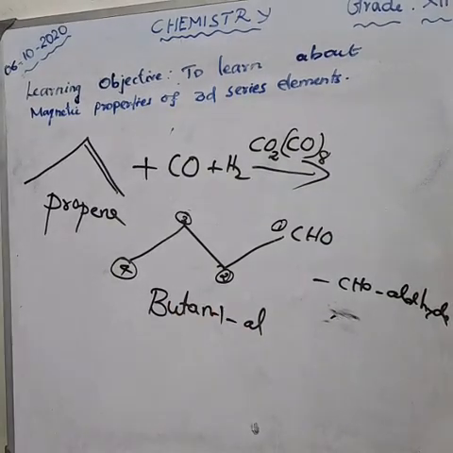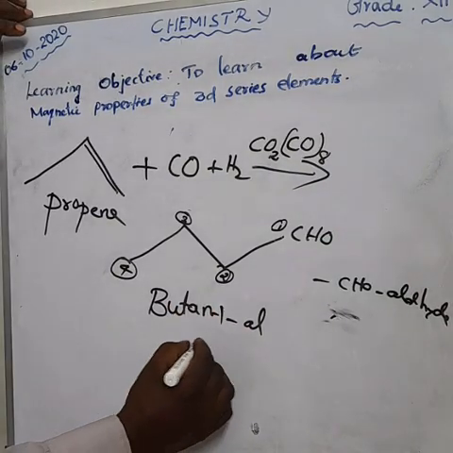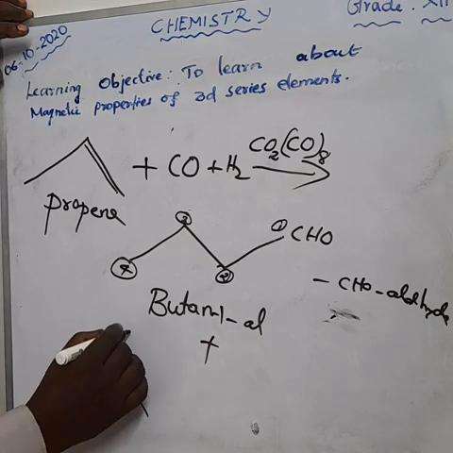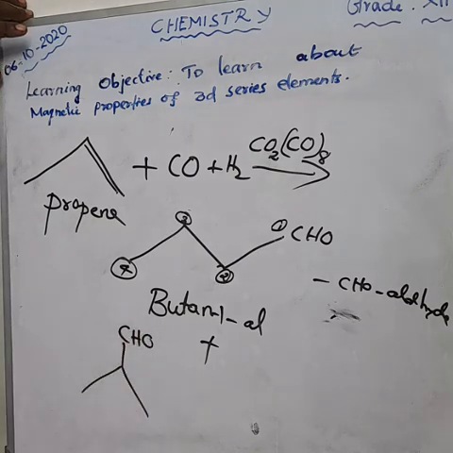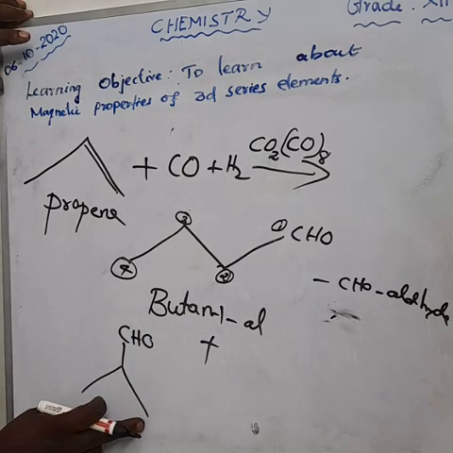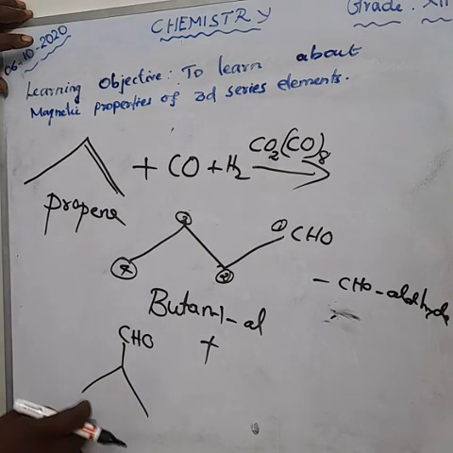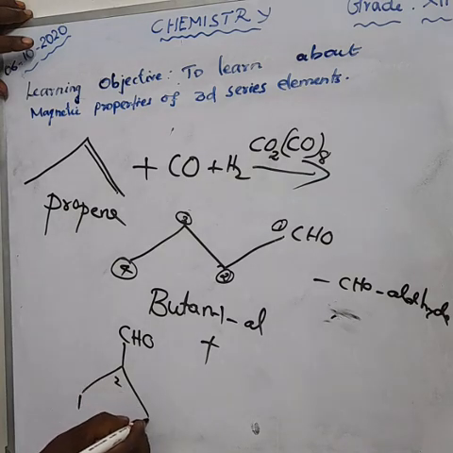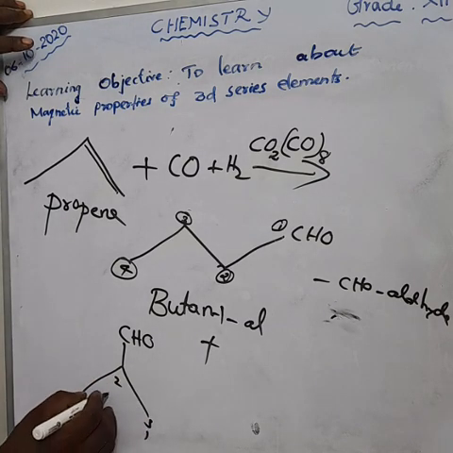And one more product is also obtained. Imagine this one side here has a methyl group. We can give the number 1, 2, 3.